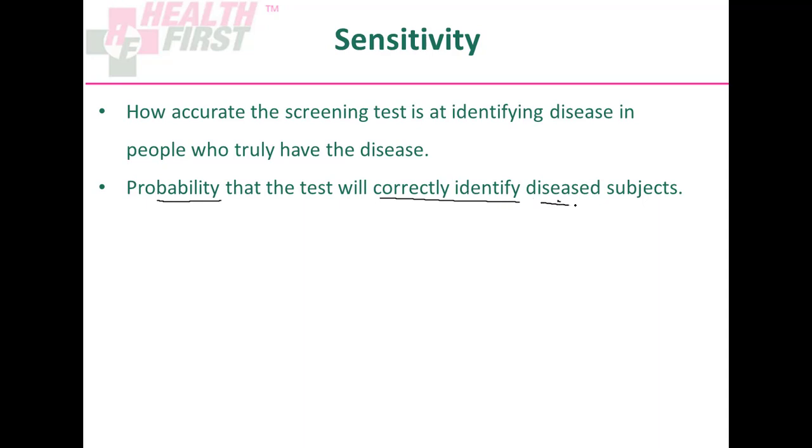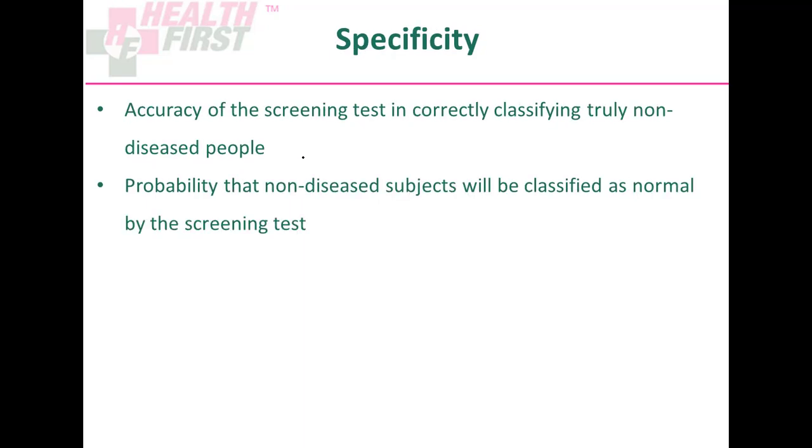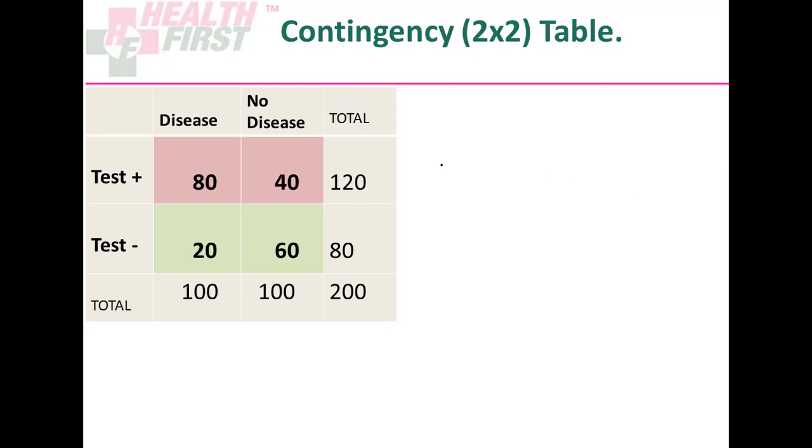Another way of saying it is how accurate the screening test is at identifying disease in people who truly have disease. And the definition for specificity is accuracy of the screening test in correctly classifying non-diseased individuals, or the probability that non-diseased subjects will be classified as normal by the screening test, right?